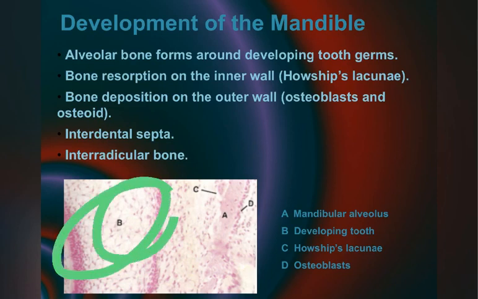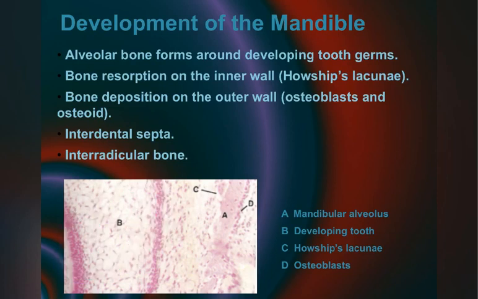The tooth germ is growing in size, and for the bone to allow this growth to take place, we need a resorption on the internal side of the bone, the side closer to the tooth germ.